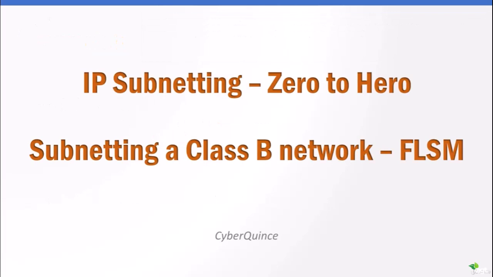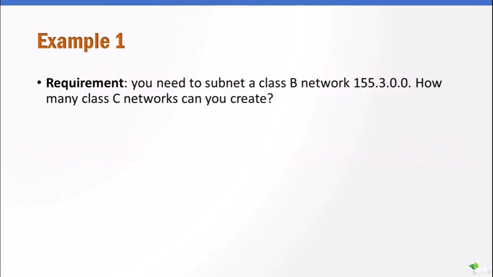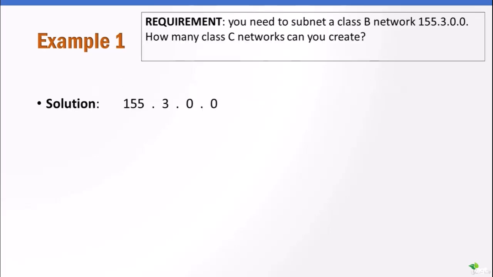All right, this time we're asked the same question as in the previous example, only here we have a class B network. So how many class C networks can we create out of a single class B network 155.3.0.0?